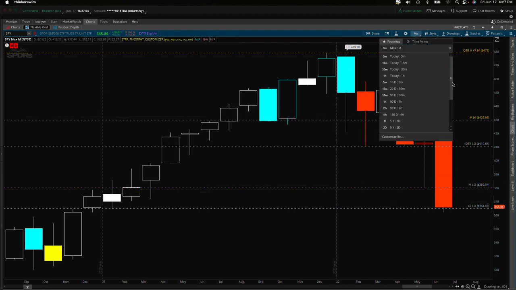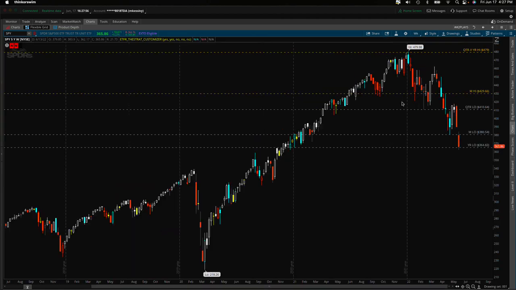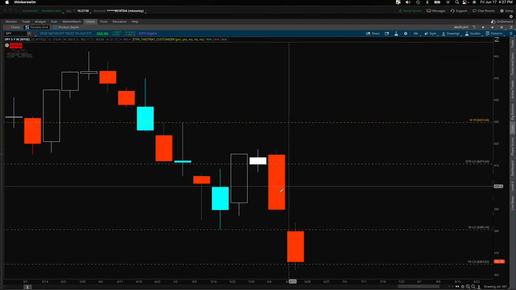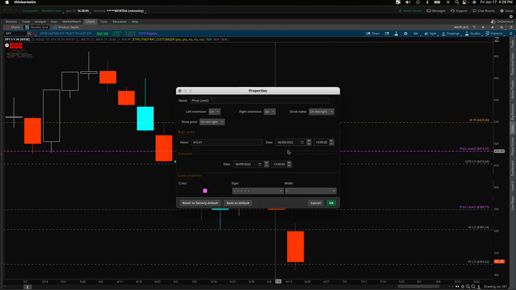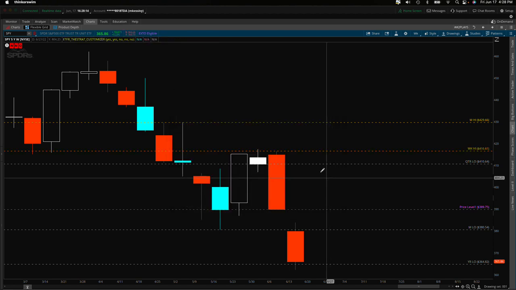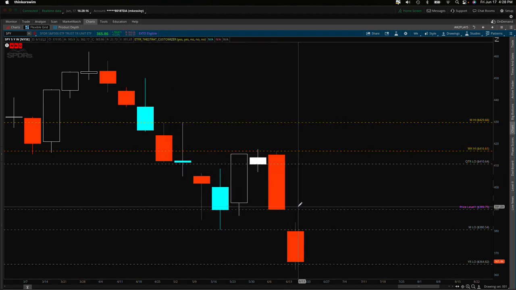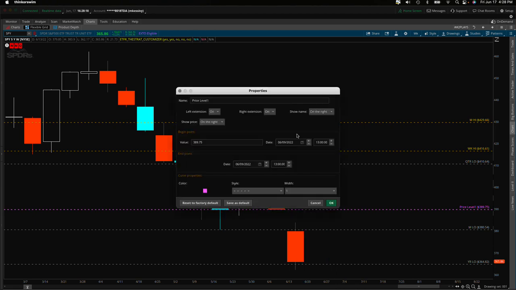Next, we'll go down to the weekly time frame. So this is last week's low and then last week's high. So week HI, that in yellow, and then we'll do week LO for low, and we'll make this gray.